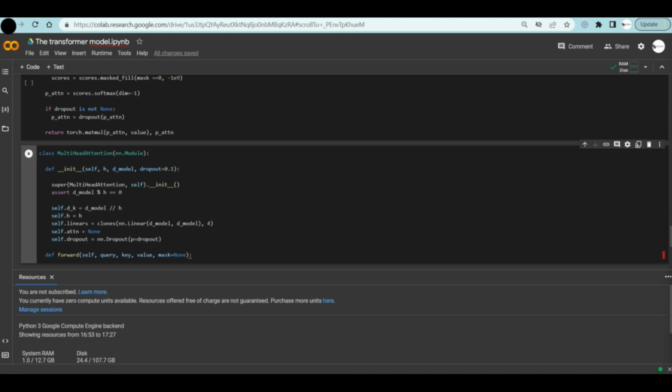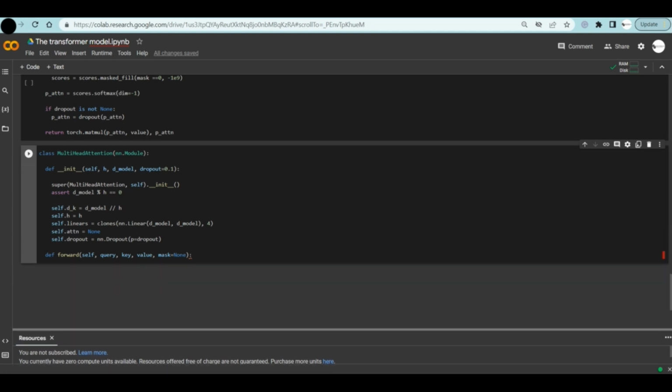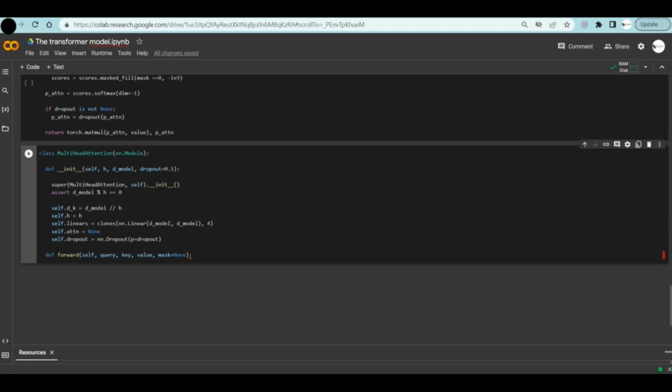Like I said, each head uses a small subset. Here we take the model dimension, divide by the number of heads, and we get 64. So we're using a subset of the entire model dimensionality for each head.